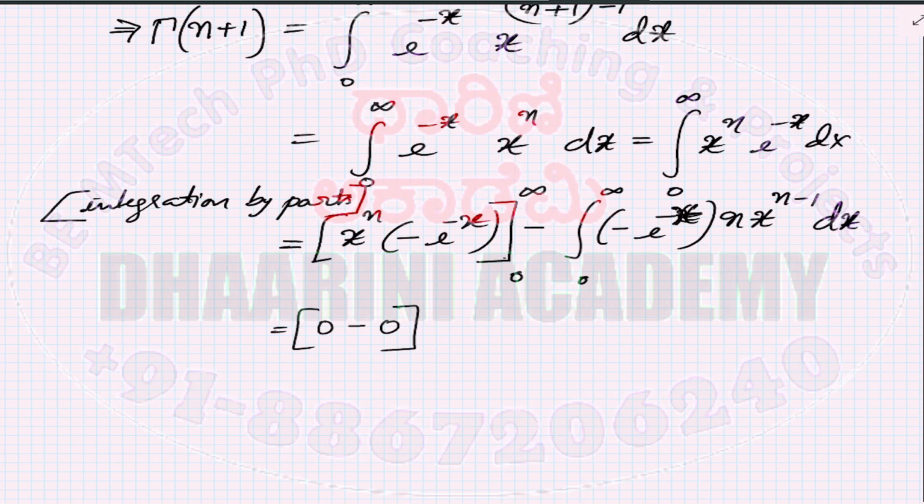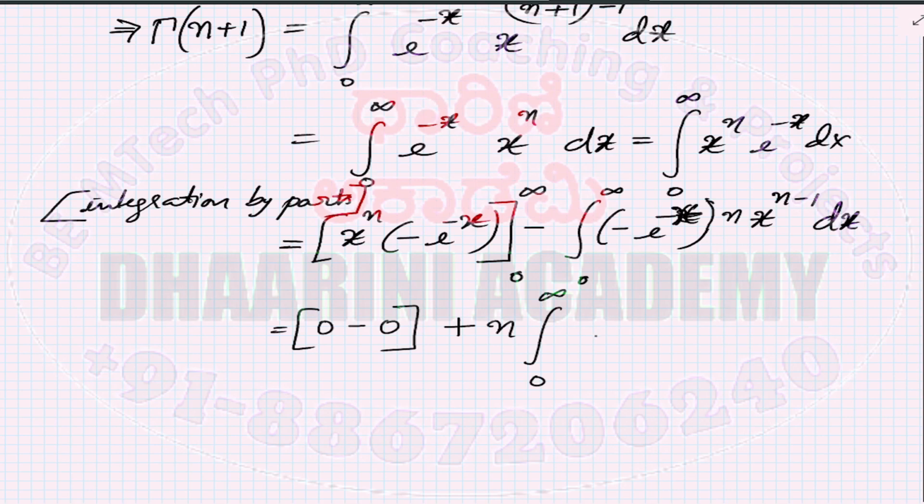All right. When I go to the next term, you see there is a minus of minus, so this is plus. Okay, and there is a constant n here after doing the integration. So I take the n outside, n into the integral 0 to infinity.